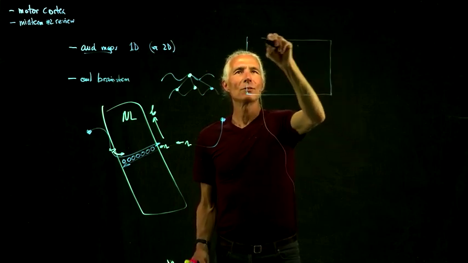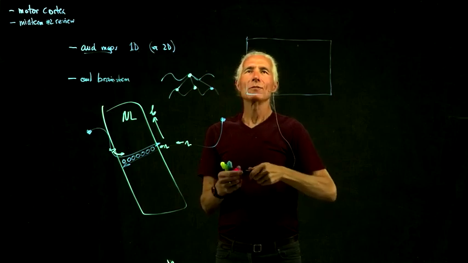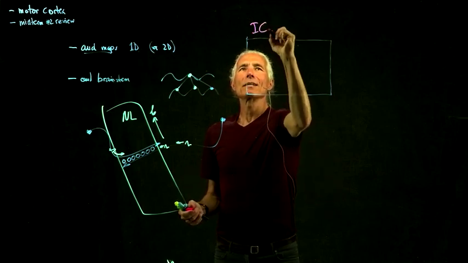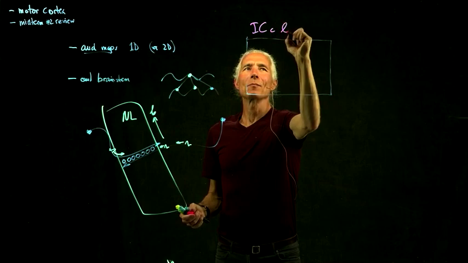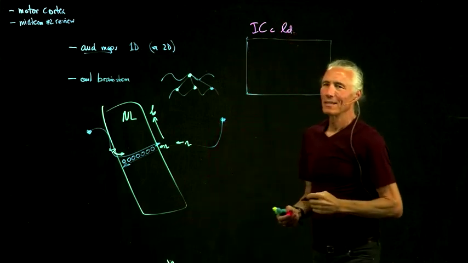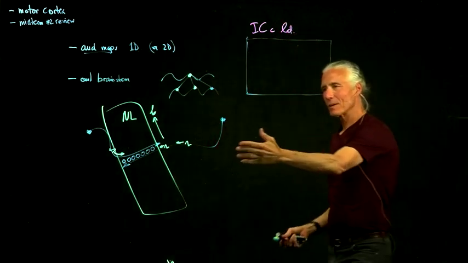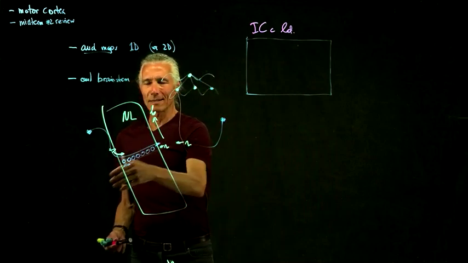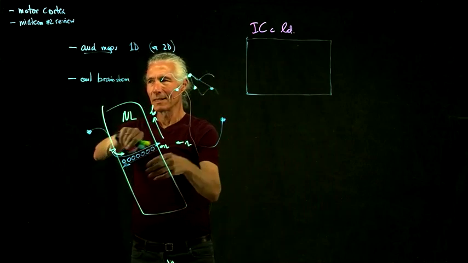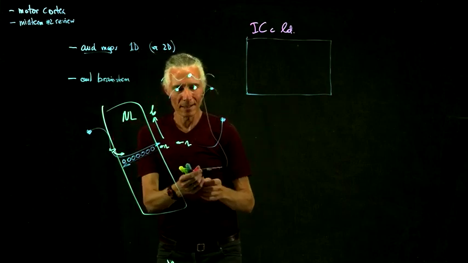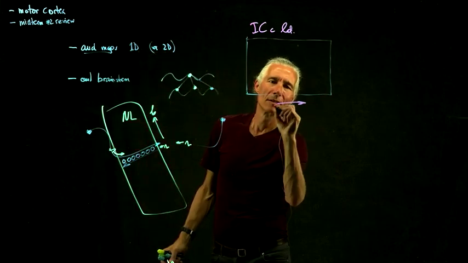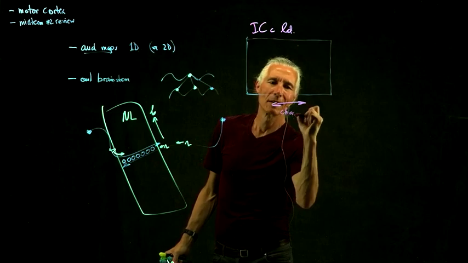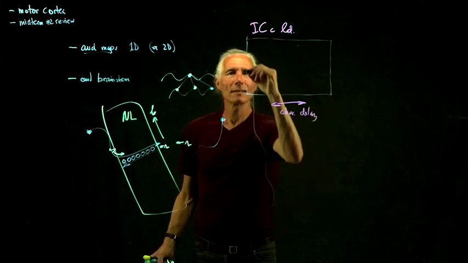So if we go up to the inferior colliculus, central lateral part, it kind of looks pretty much like this thing. So along the horizontal axis, it's got this delay business. It's still there. So this is the characteristic delay. And then along this axis we've got frequency.